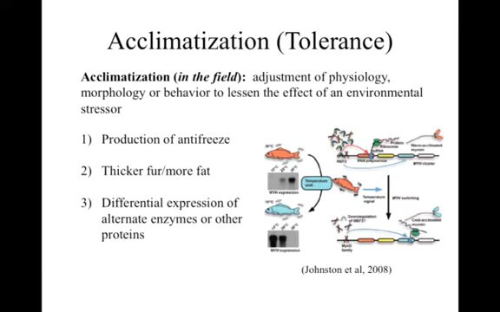You can also express different or alternate enzymes or other proteins, and some carp do this, for example. In warm temperatures, they produce one form of an enzyme, and that works really well and sort of makes the animal able to move really well and do really well in warmer temperatures. But then as the temperatures get colder, a different gene is turned on, and it makes an enzyme that does the same thing, but maybe has better function at cold temperatures.